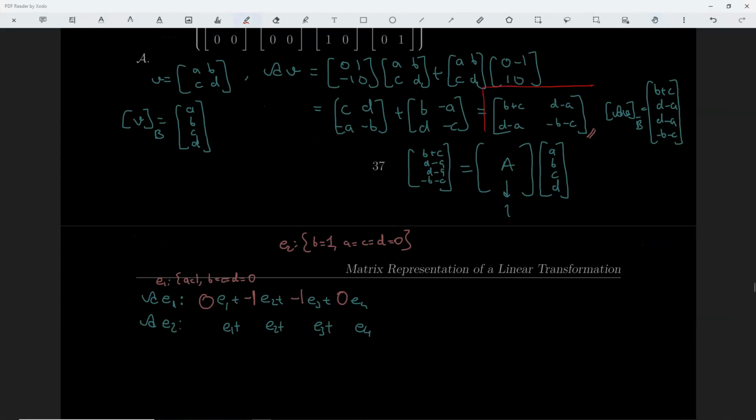Maybe I can show that more explicitly. What is this matrix when B is equal to 1 and all other coefficients are 0? The coefficient of E1 is simply 1. The coefficient of E2 is D minus A, which is equal to 0. The next coefficient is the same as the previous one, so it is 0. And the coefficient of E4 is equal to minus 1 when B is equal to 1 and C is equal to 0.